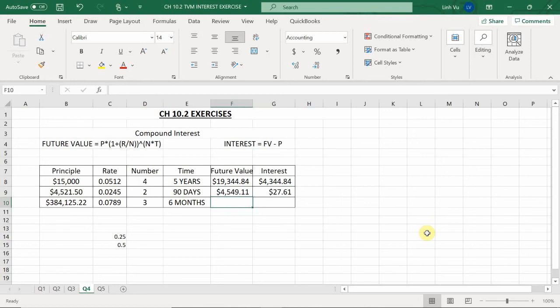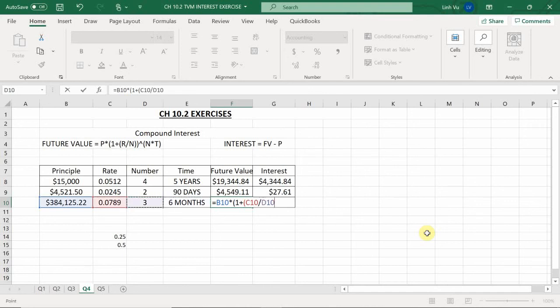future value is going to be here. So again, principal of your 384,125.22, multiply open parentheses 1 plus open parentheses of your 0.789 divided by 3, which means every 4 months it's going to be compounded, so a third of a year.